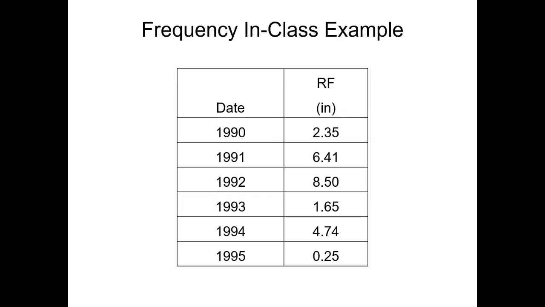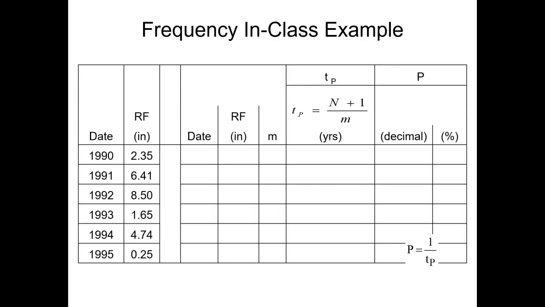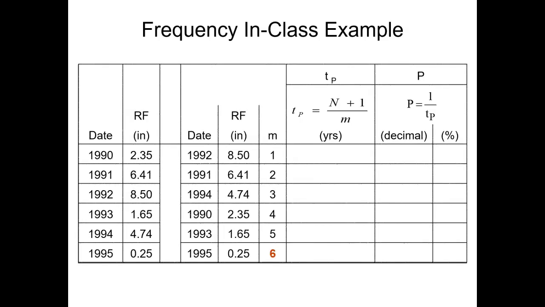So here's an example. Just to take a simple example, let's take 6 years, and we have the largest rainfall of that year. I think this is the 24-hour rainfall. I'll put this in this table here. So the first step we do is rank these. This is the year, and now I'm going to put 92 as number 1, 91 as number 2, and so on.